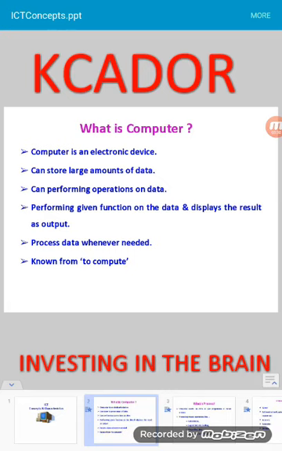It can process data whenever it is needed. That is why you can store information in a computer memory, and when you need it, you just retrieve it back. And it can be retrieved and sent to many other people, non-form to computer.